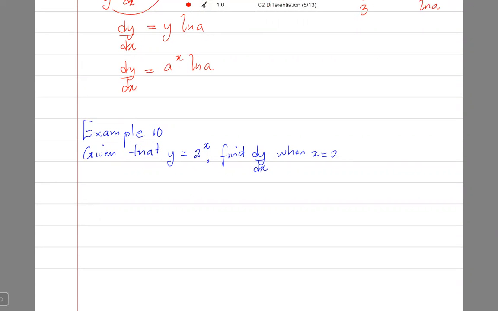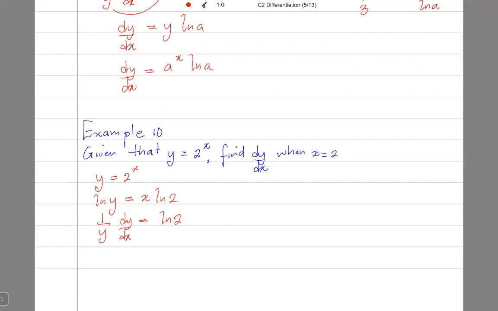All right, so here we have y is equal to 2 to the x. Take ln of both sides: ln y is equal to x ln 2. Let's differentiate both sides with respect to x. So this is 1 over y dy by dx is equal to ln 2.